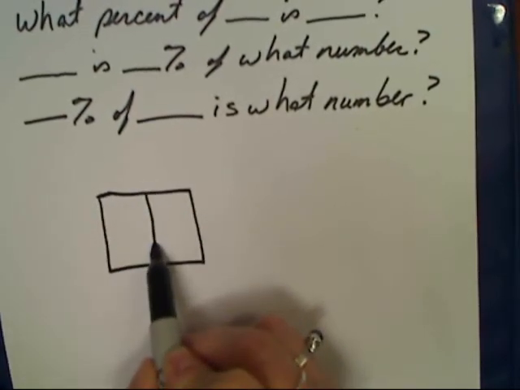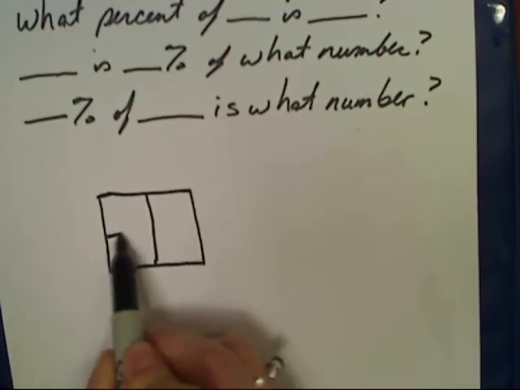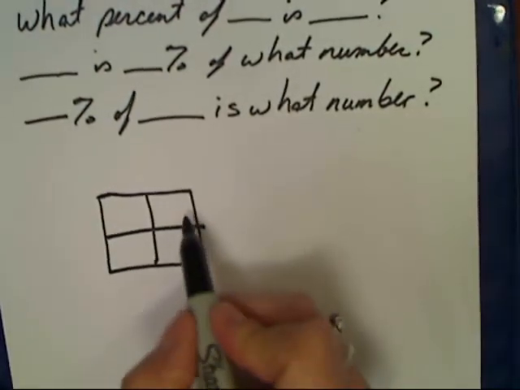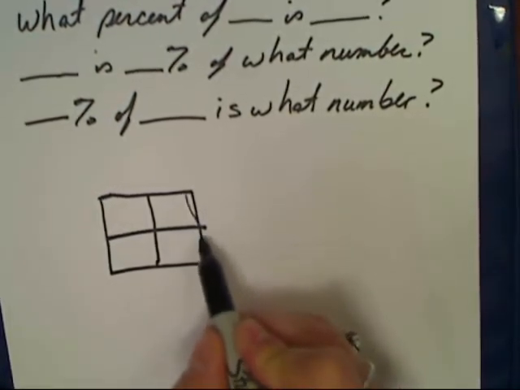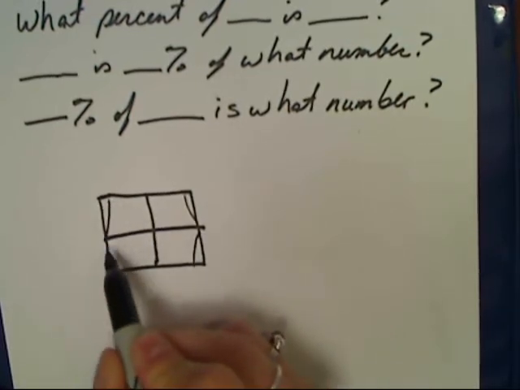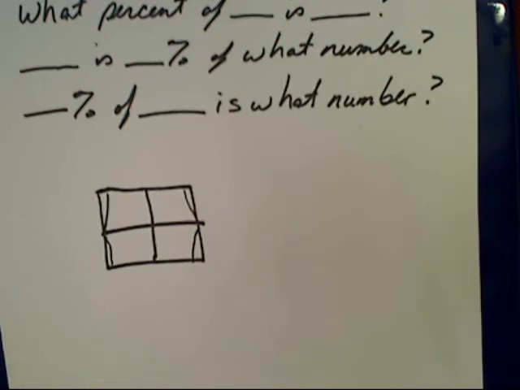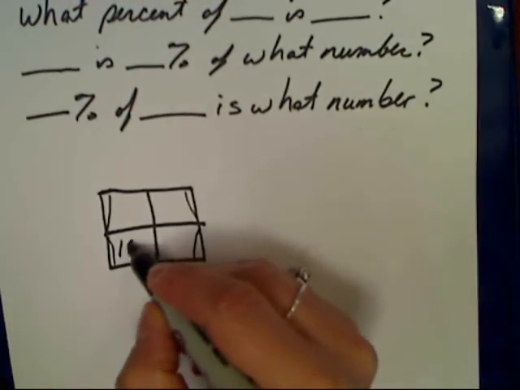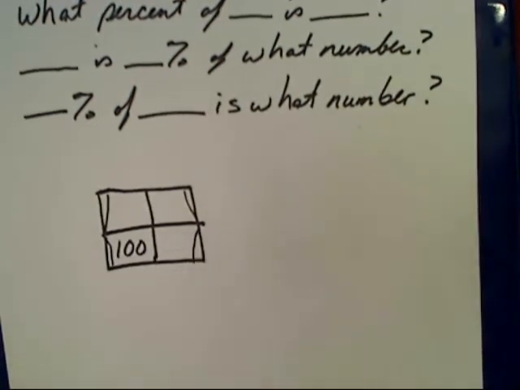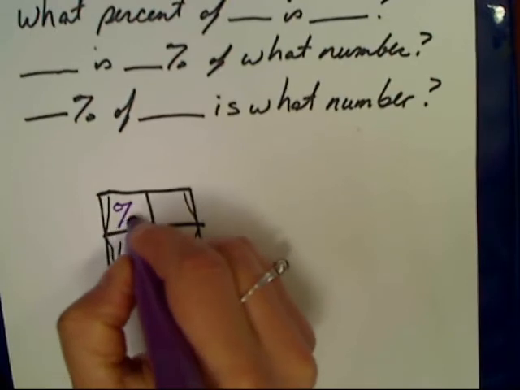I think it kind of looks like a window because you put the little panes in, or a present, or here are my curtains hanging in my window, makes me happy. Okay, anyway, in the lower left hand box, you will always put the number 100. Above that is always the percent.